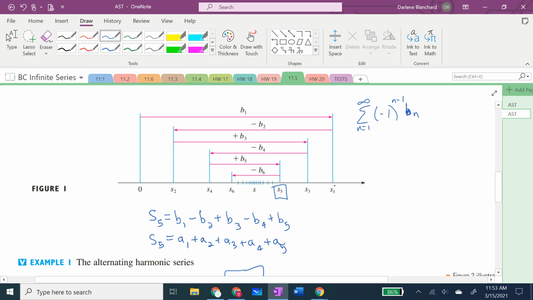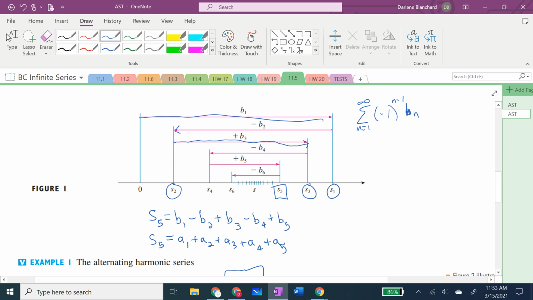So you've got the sum of the first term, then you take away less than you gained, and you get the sum of the first two terms. Then you add on from there less than you just lost, and you get the sum of the first three terms.